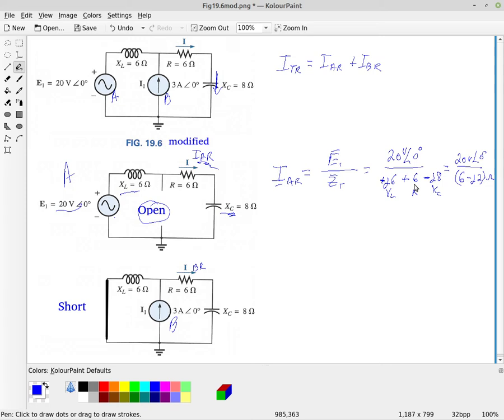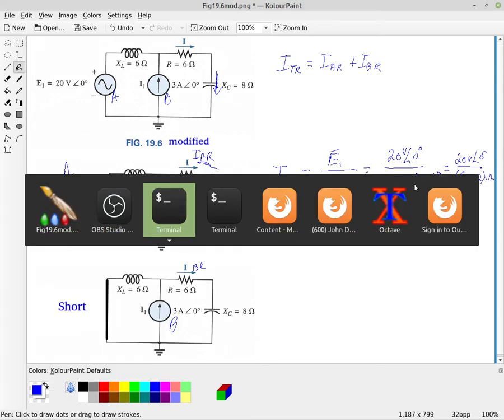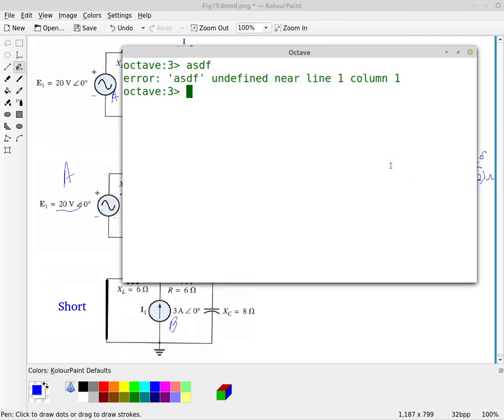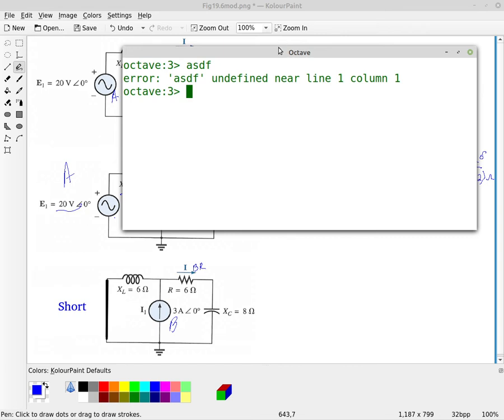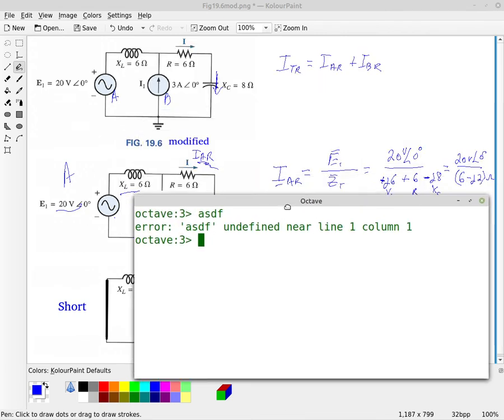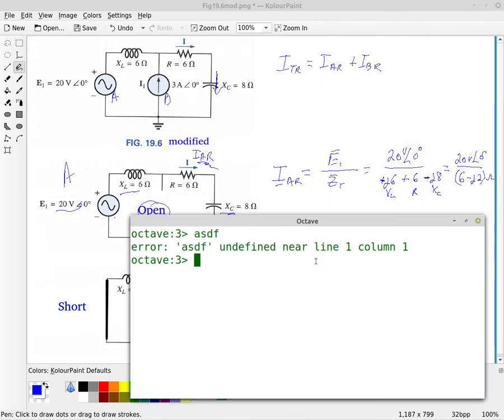So if we want to calculate that, then we pull out our handy dandy calculator, and I'm just going to use this Octave program that I use most of the time. It's handy if you're at a computer.